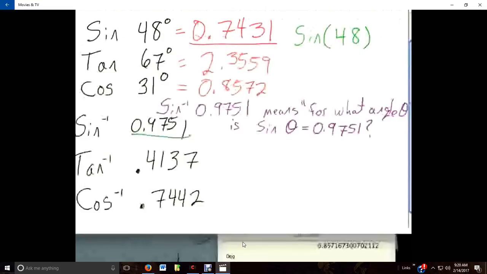Again, on many calculators, you're going to have a shift button or a second button, and then you'll hit the sine button and it'll come up like this, and then you put in whatever you want to. 0.9751, and then you'd hit enter.